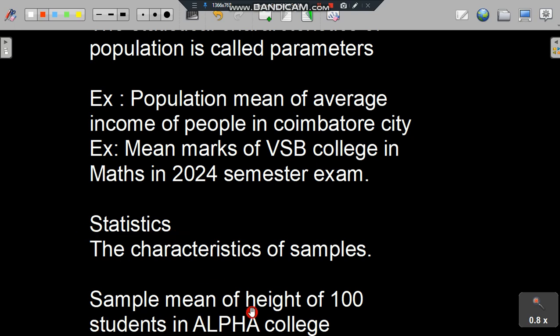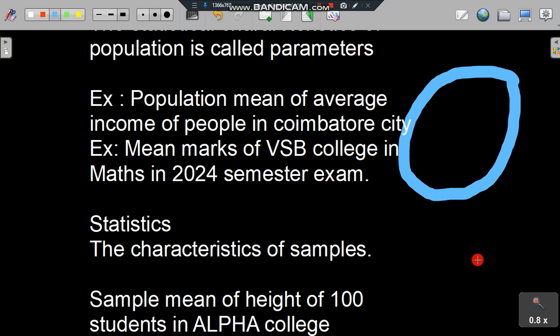Similarly, we can find the standard deviation for these 100 people. That is also a characteristic of a sample, and that is called a statistic. Okay, so finally what I would like to say is that suppose this is a population and this is a sample.